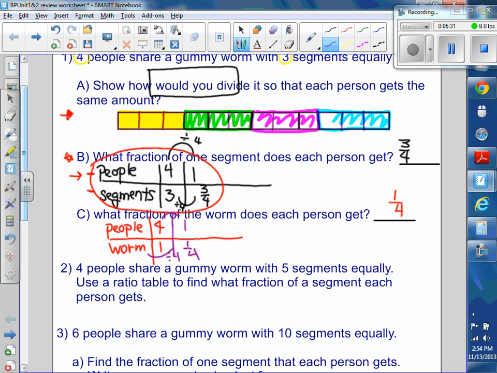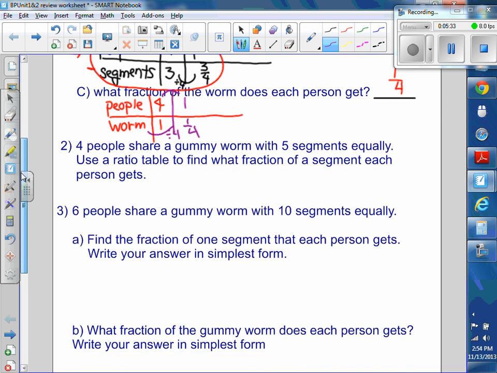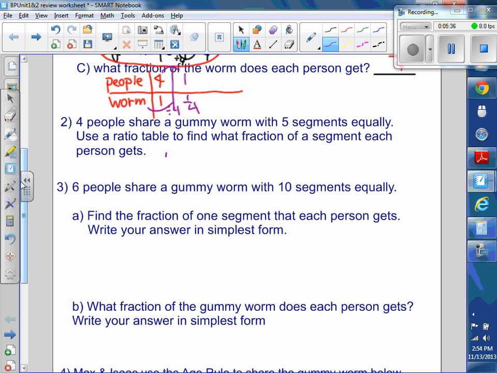And without the picture, you could do all of these. Look at, here are 4 people. So if I did people again, I should write my units. I have 4 people now. Notice I did it. And I still have the segments. But now I have 4 people sharing 5 segments. Could I do the same thing? Yeah.